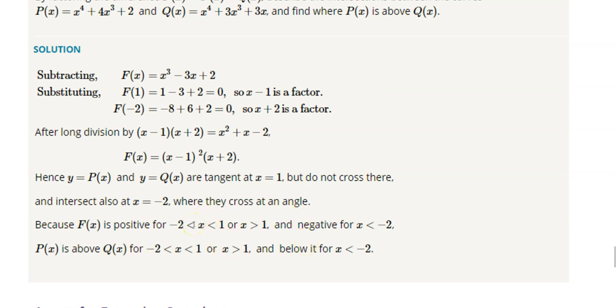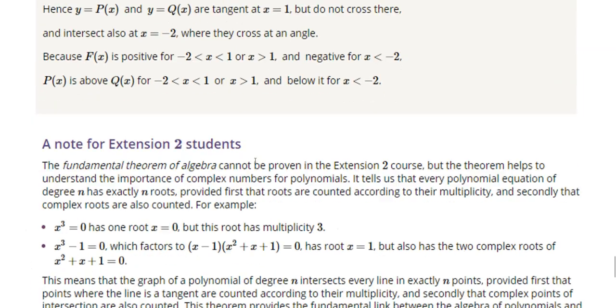We've gone p of x minus q of x, and so in the combination of the two, when we've plotted the new function, wherever it was above the x-axis represents where p of x was above q of x, and wherever it was below the x-axis represents where p of x was less than q of x. And thus, you would be able to plot these two graphs knowing where they intersect and where one is greater than or less than the other one. Maybe. I think you might need some more information than that.